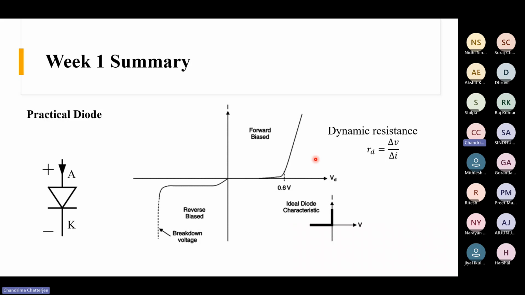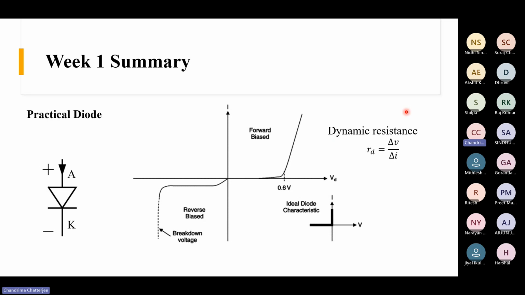What I was saying is that as you can see some slope here, this may appear to be a straight line, but it is not. If you see the diode characteristic, it goes something like this, right?